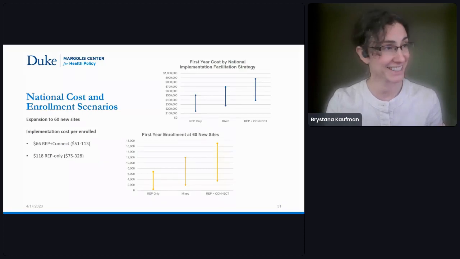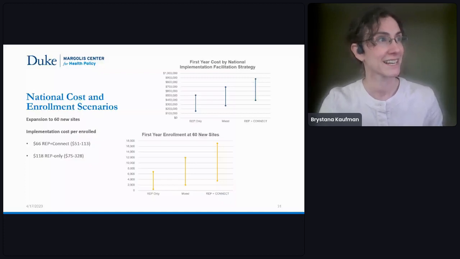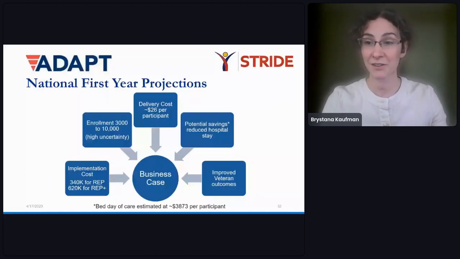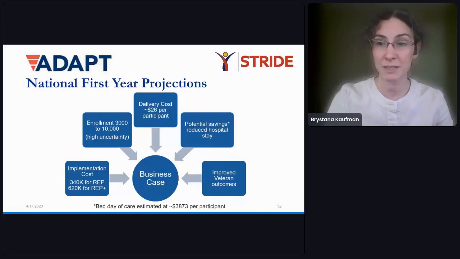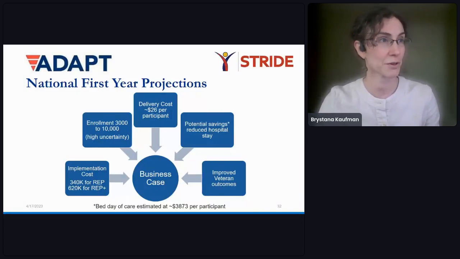Again, very wide uncertainty here, compared to $118 in the Rep only condition. So in the business case, we put together all these different pieces of information, and also the potential savings from a reduced hospital stay to support VA decision-making and potentially expansion of the STRIDE program.